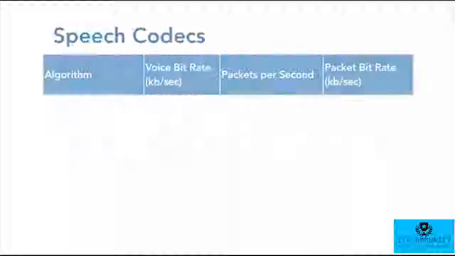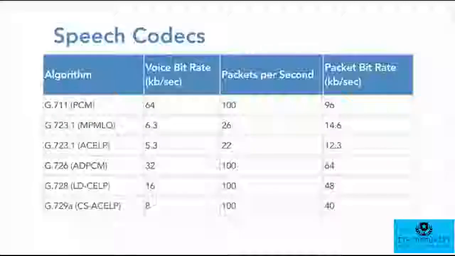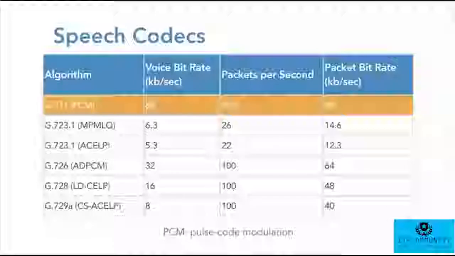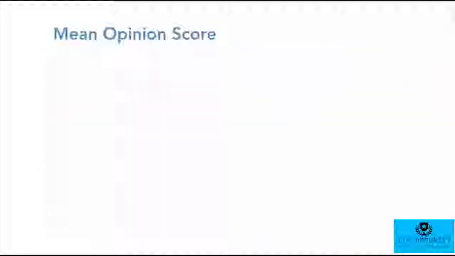There are a number of codecs for packet networks in the G.700 series, as we see in this table. However, the most commonly used is G.711, or pulse code modulation. An algorithm measures how faithful the voice is and assigns a mean opinion score, or MOS.